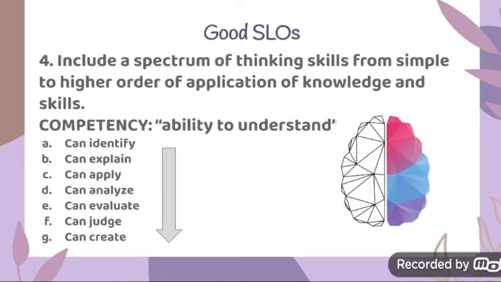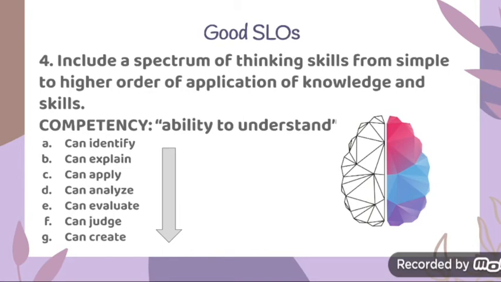Okay. Now another one, it should also include a spectrum of thinking skills from simple to higher order application of knowledge and skills. Going back to the cognitive domain, from the lowest level, which is simply knowledge to remember, it moves up to the higher order thinking skills, which is creating.